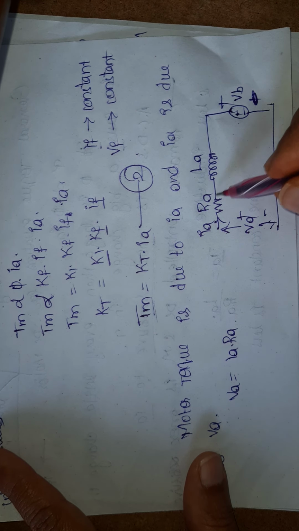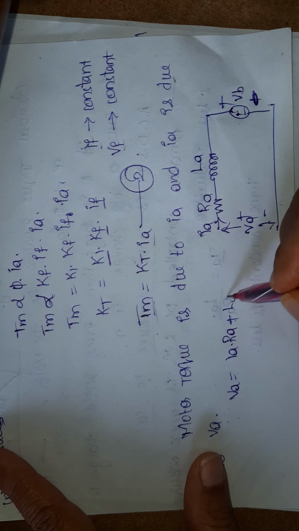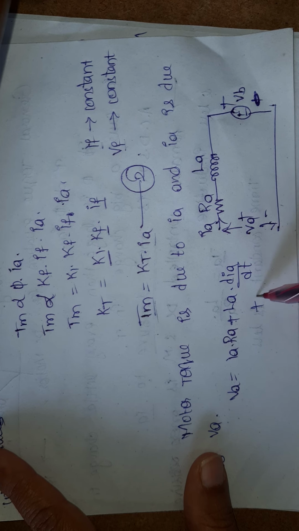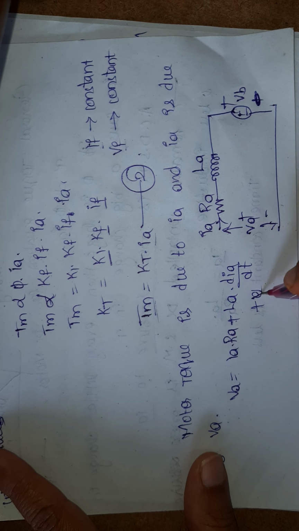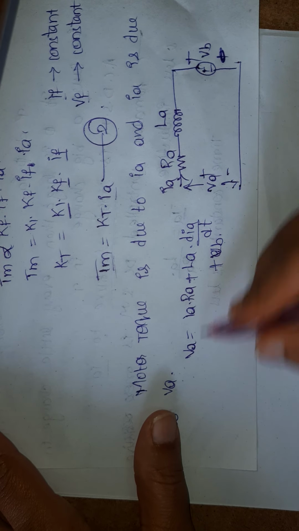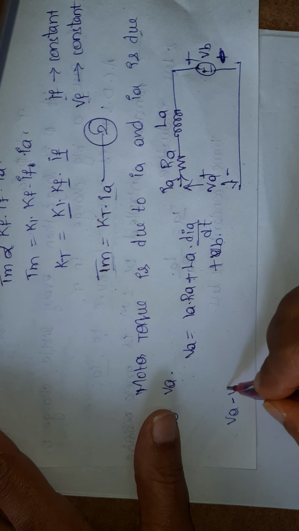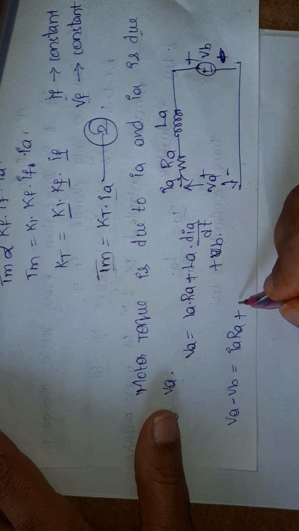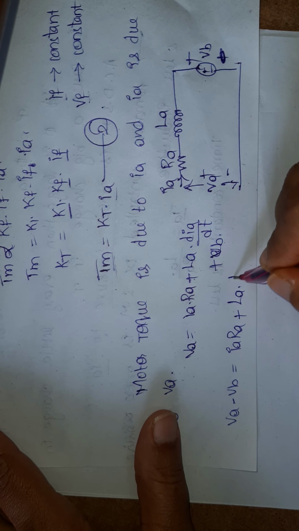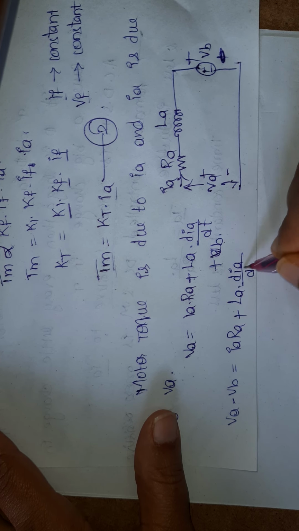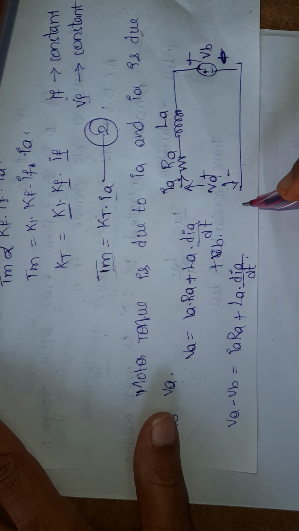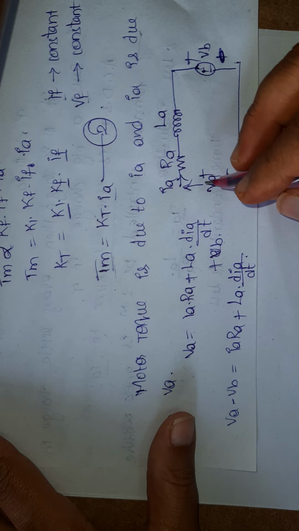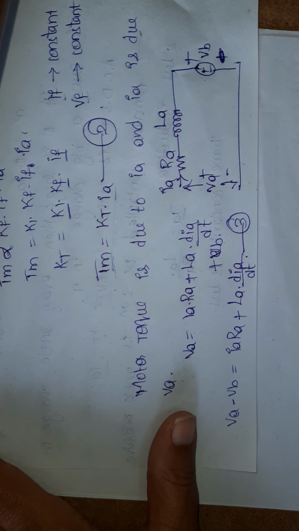So current Ia, Ra, La into dIa by dt plus this Vb. If I bring this to this side, Va minus Vb is equal to Ia Ra plus La into dIa by dt. Consider this as equation 3.